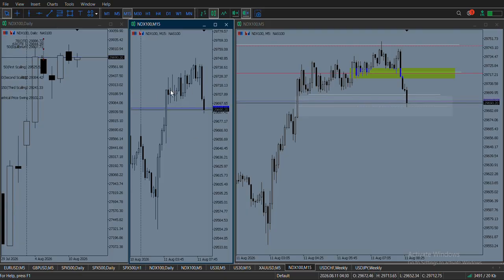So look at this 15-minute. We've had this drop. We're heading back into this inefficiency in the 15-minute, and it's the same one with the 5-minute.